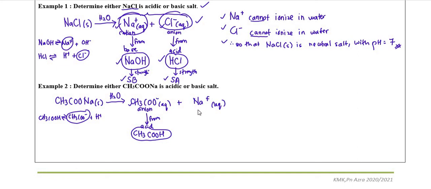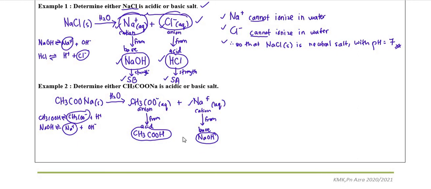Okay, so all this cation from base. Okay, cari base apa yang sesuai untuk hasilkan Na+. Saya ambil NaOH. Why I choose the NaOH? Because when I dissociate NaOH, I will get Na plus and OH minus. Okay, this is cation that I want.